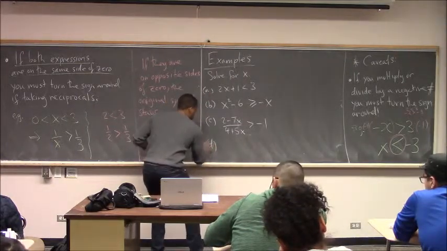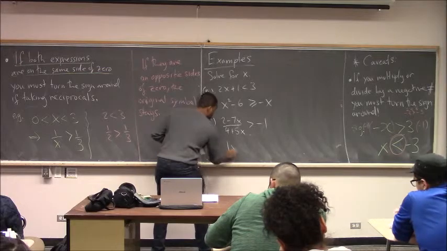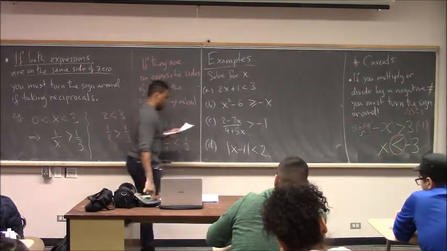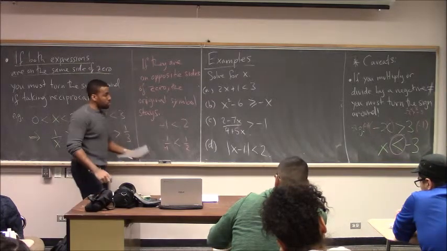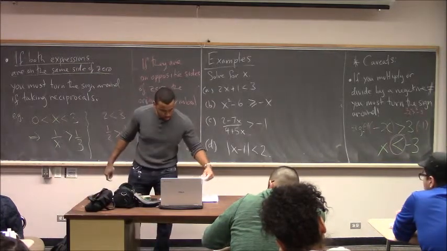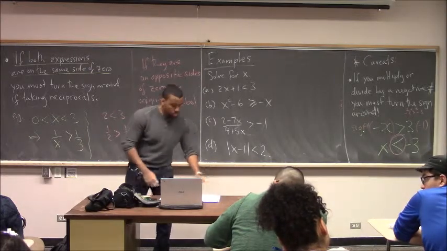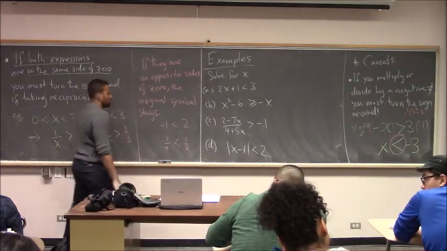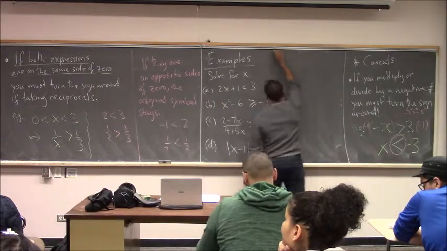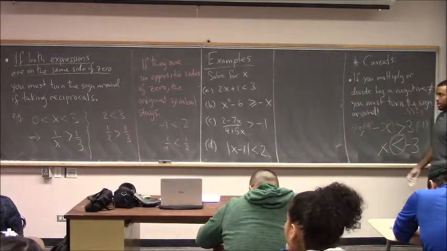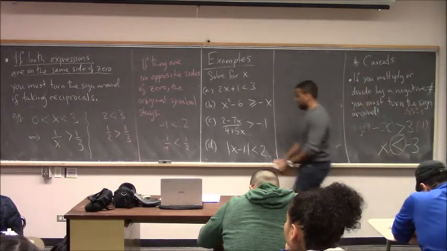And D, absolute value of x minus 1 is less than 2. So we're going to get through these 4, and that'll actually end the section. Pretty much all the lessons I want to teach can be taught by these 4 examples.